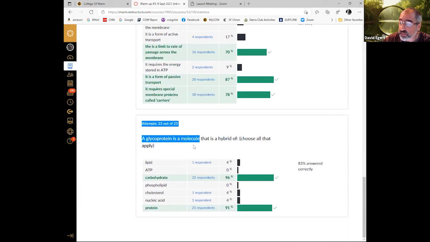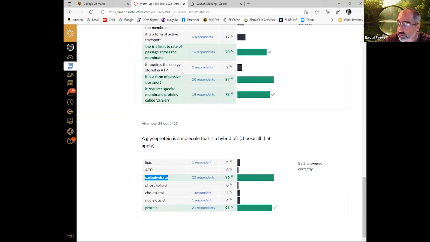And finally, glycoprotein. If you remember, glyco for sugar, like glycolysis is breakdown of glucose. So glyco, it's got sugar groups, and sugar is just a carbohydrate, and protein. So it's a hybrid between a carbohydrate and a protein. It's mainly protein with these sugar groups, carbohydrate groups attached to it.